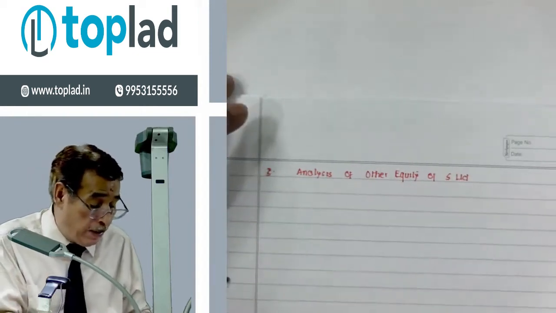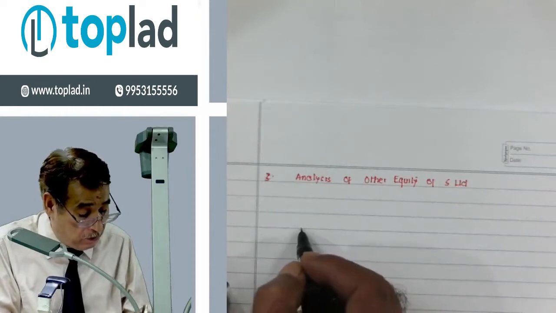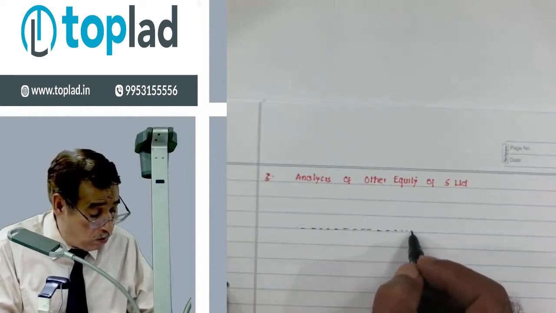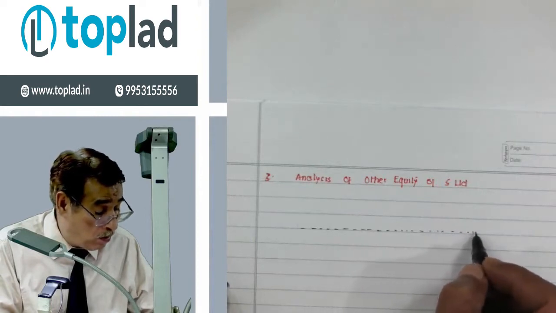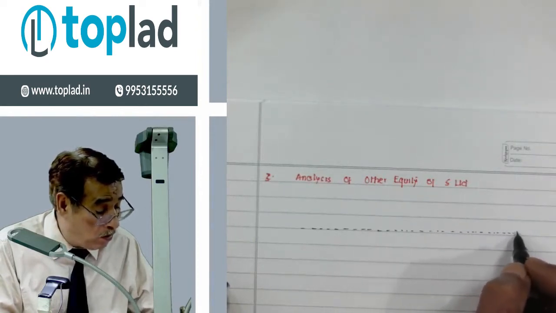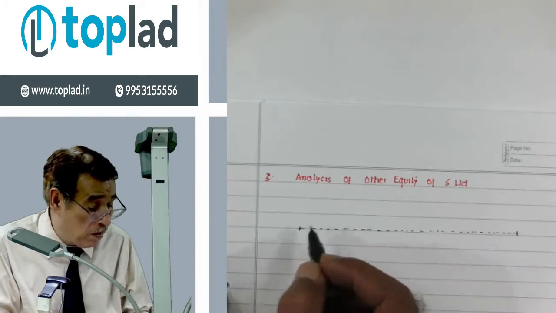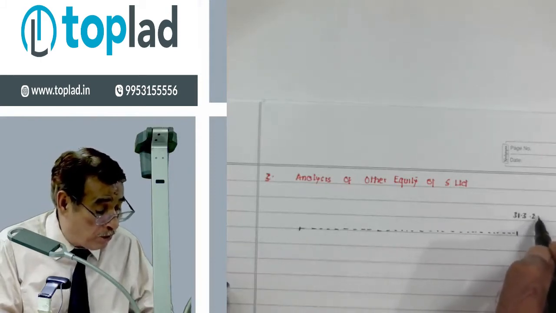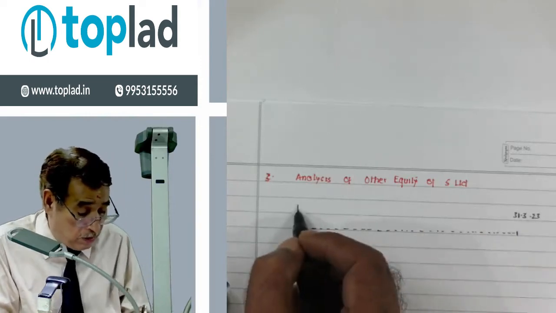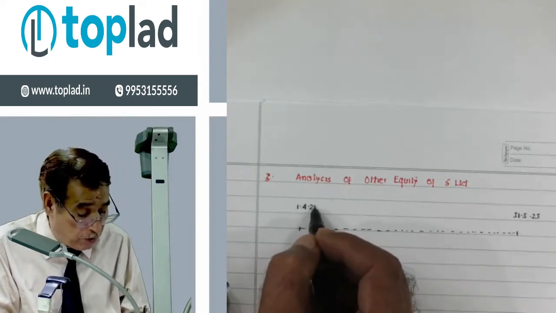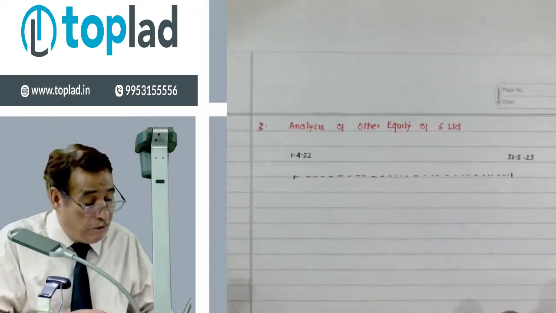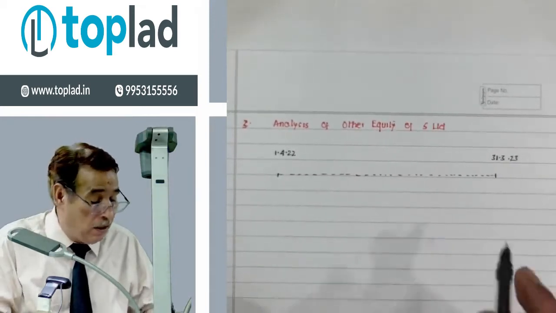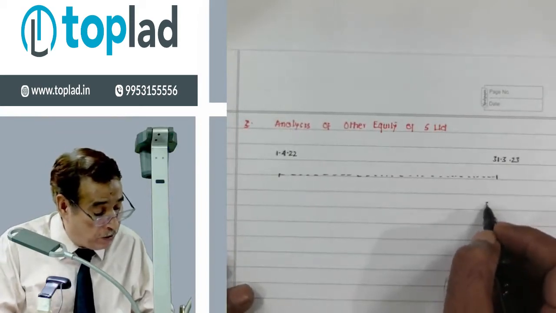Now as far as other equity is concerned, see here, this is your closing date, 31st 3 2023, correct? And this is your opening date, 1/4/2022. We have seen earlier that closing balance as far as other equity of subsidiary company was concerned, 3 lakh.